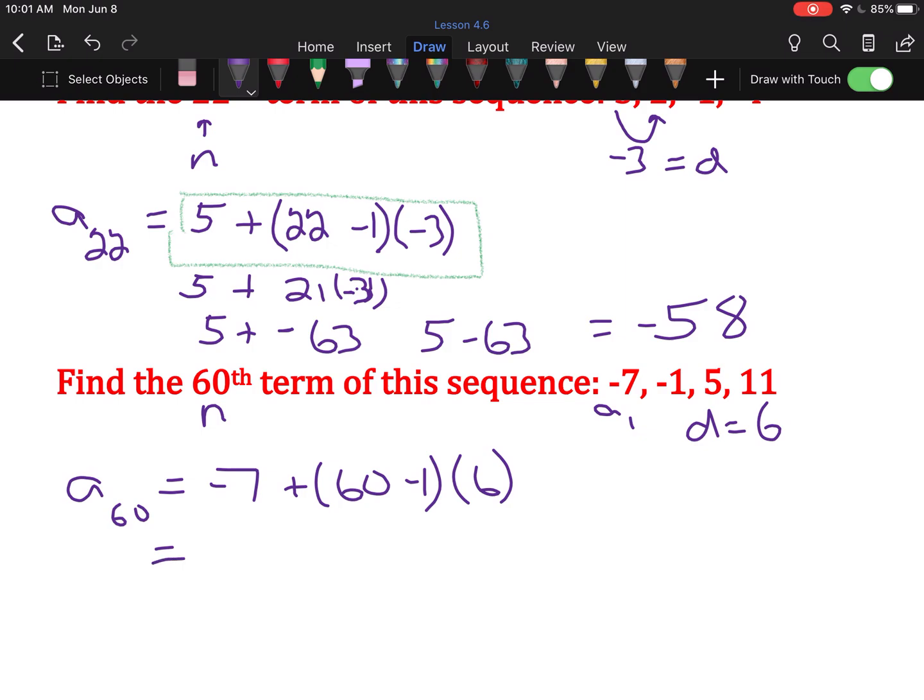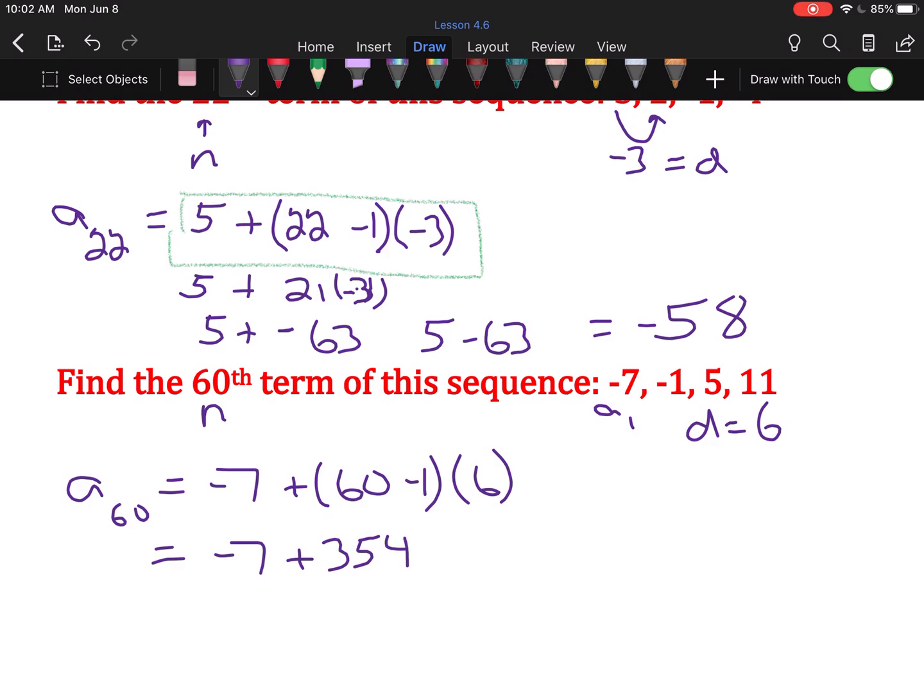Well, let's see. That's going to be negative 7 plus... Oh, let's see. I could do 60 minus 1 is 59, and 59 times 6. Or I could do 6 times 60 minus 6 times 1. Think about that. It is distribution. And for me, it's much easier to do 6 times 60, which is 360, and then take away 6 to get 354.